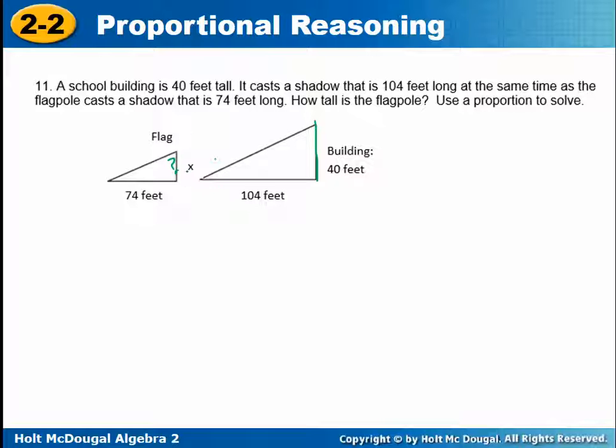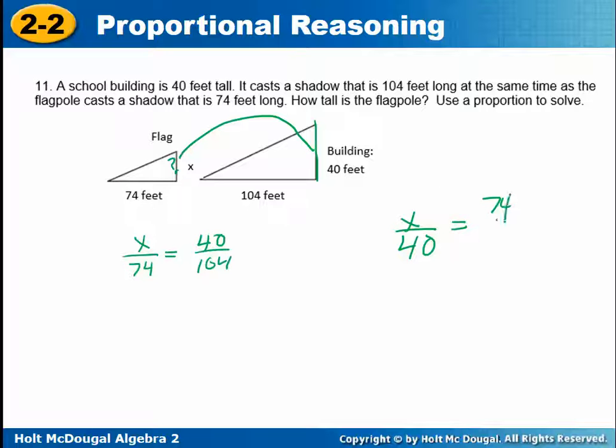You can either do the height of the flag over the shadow of the flag is equal to the height of the building over the shadow of the building, or you could do height of the flag over height of the building is equal to shadow of the flag over shadow of the building. That would also work. So you can try this different ways and you'll find that you get the same cross product set up and that you'll get the same answer either way.